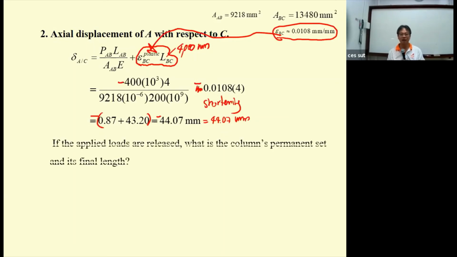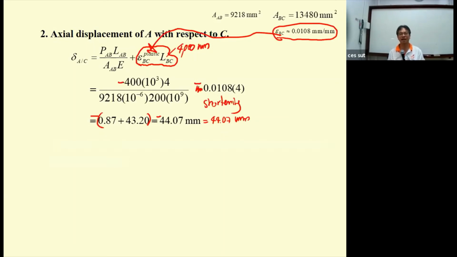Okay, and then what we have is the displacement. So the column will be shortened about 44.07. Previously, we have the total length of the column of what? Of 4,000 millimeter for the bottom and plus 4,000 millimeter from the top.